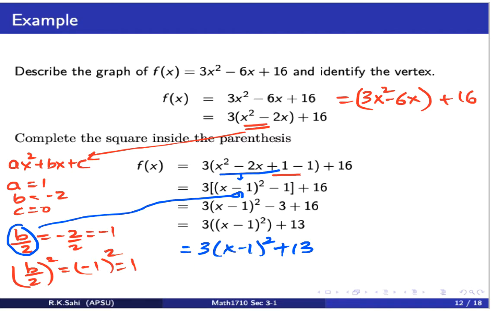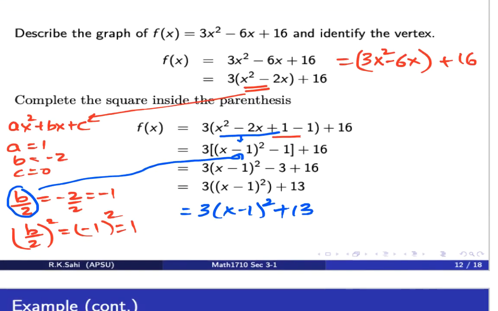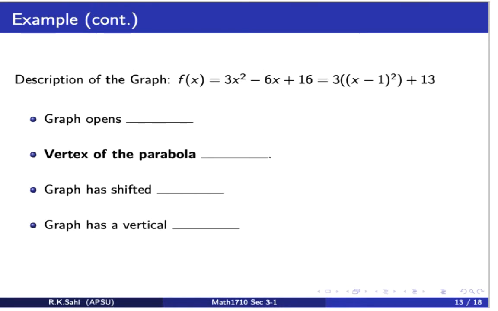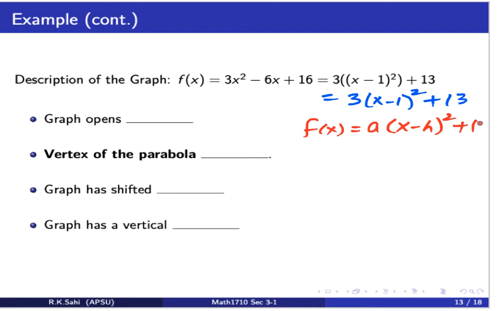Let's go ahead and look at the description of what this standard form tells us. Once again, this is 3 times x minus 1 the whole square plus 13. We are going to match it with the general form we started with. So remember, this is the same as f(x) equals a times x minus h the whole square plus k.